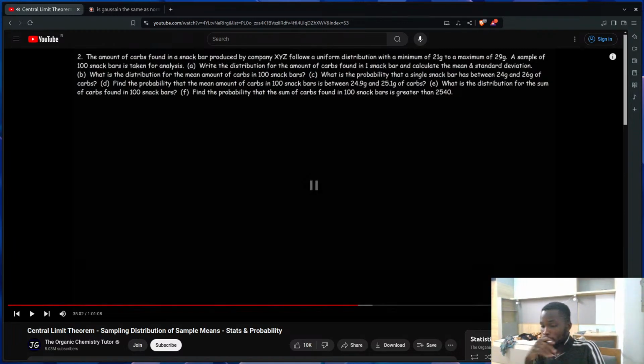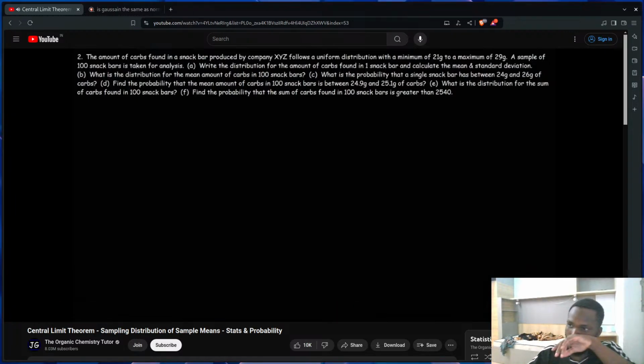A sample of 100 snack bars is taken for analysis.